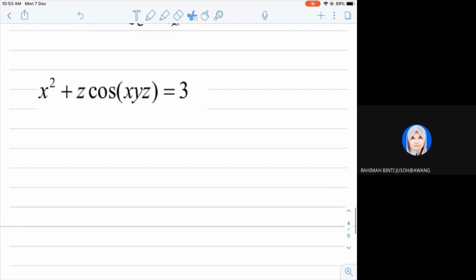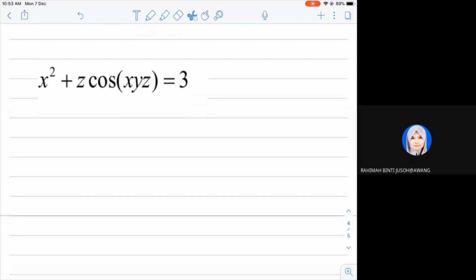Sebab kalau you guna the first method, you kena guna product rule. Sebab the first method, z ni variable, x ni pun variable. So ini kena guna product rule, dalam ni pun kena guna product rule. So it's a bit complicated. That's why I always suggest my students to use the second method. It's much easier.